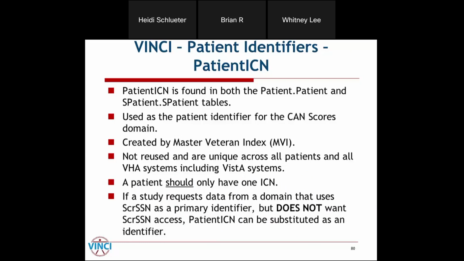Therefore, a patient should only have one ICN. So if a study requests data from a domain that uses scrambled social as a primary identifier, but does not want to have to go through the requirements of getting scrambled social access, the patient ICN can be substituted as an identifier.